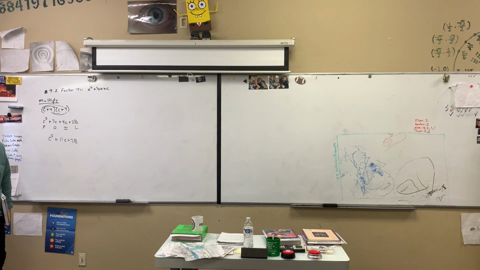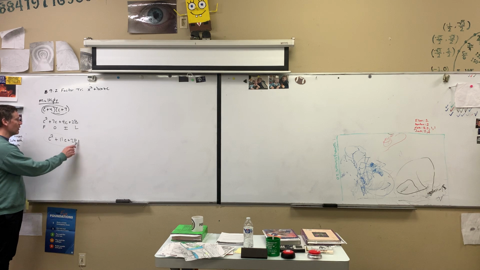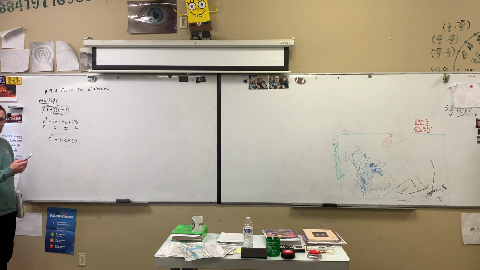Now, that's not our goal today. Our goal is to look at c squared plus 11c plus 28 and find out what times what gave us that, meaning what binomial times what binomial gave us this trinomial.